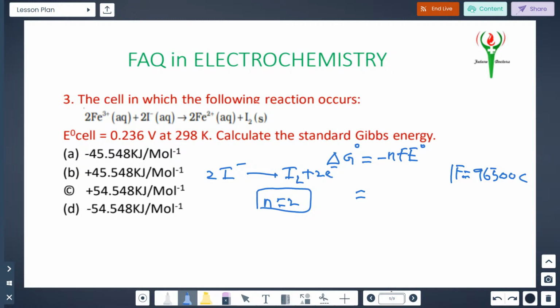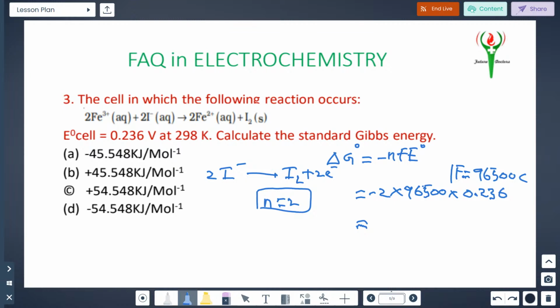If you substitute all this, we can get the answer. Minus 2 into 96500 into 0.236. If we multiply all this, we will get the answer. Anyhow, you know the formula has a minus, so the answer also will be minus.